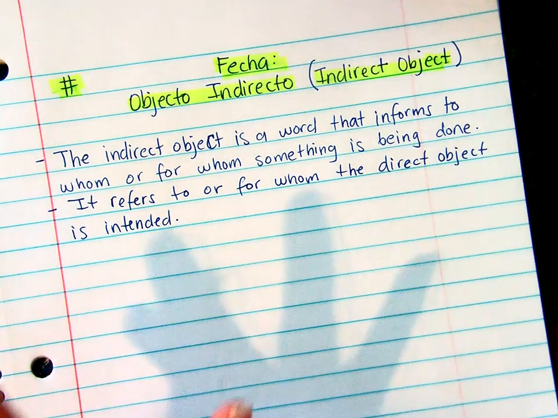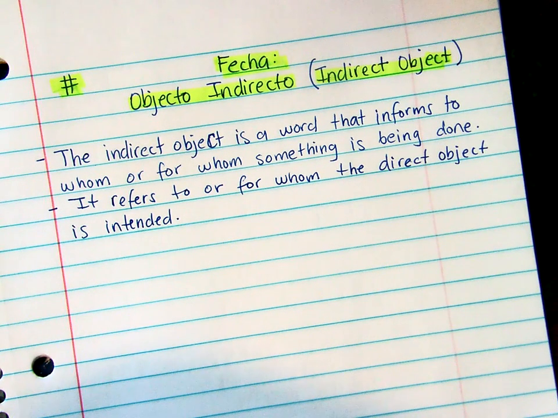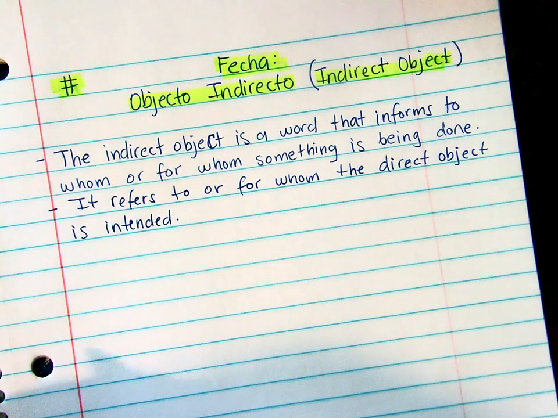So there's a way to find out the indirect object in a sentence.